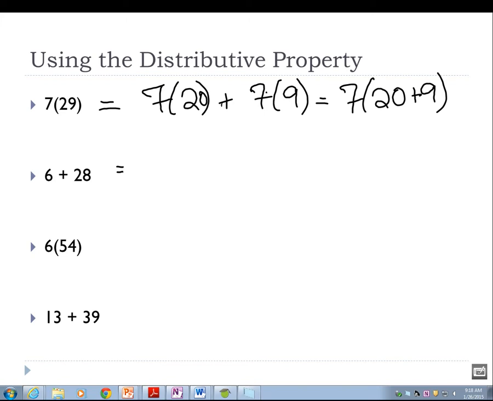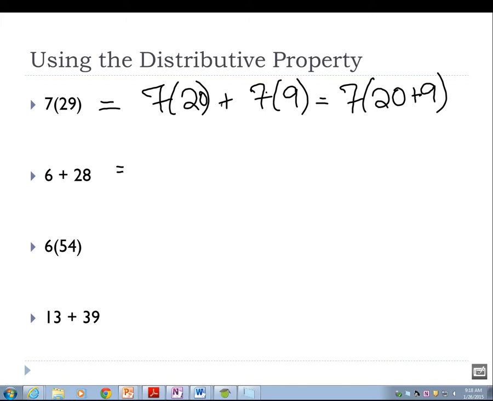Alma, what do you think? What can we pull out of there? What's the greatest common factor? It would be 7. So you should have the answers written down for what we did here.